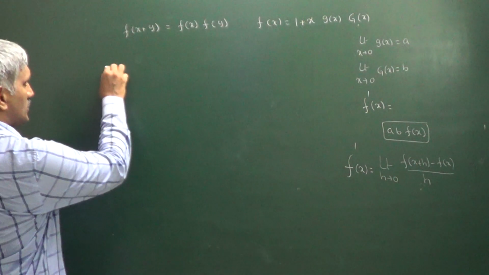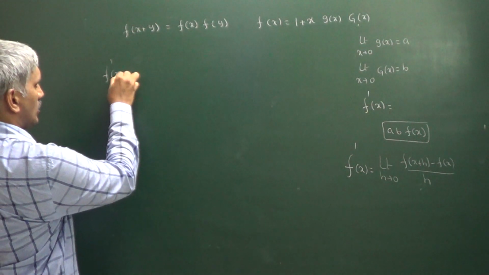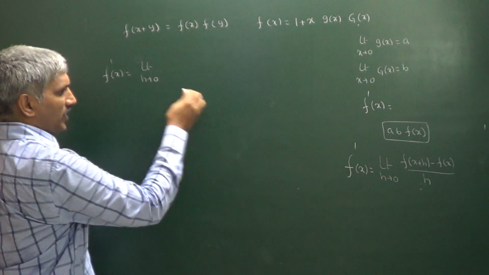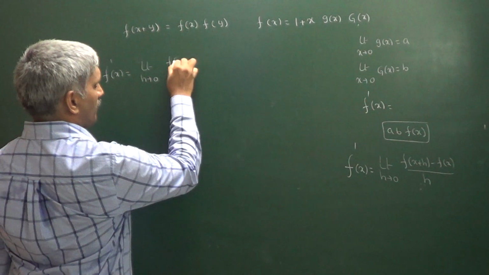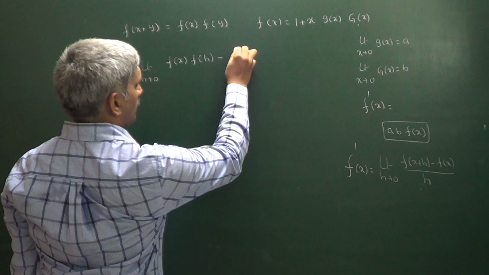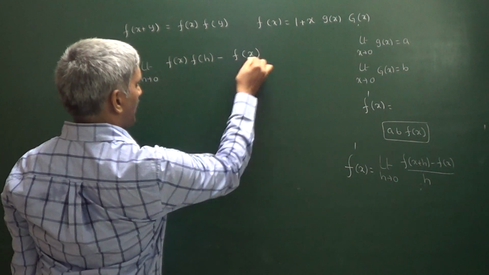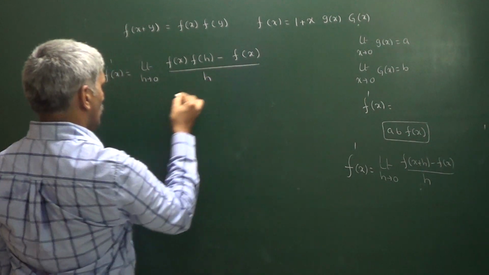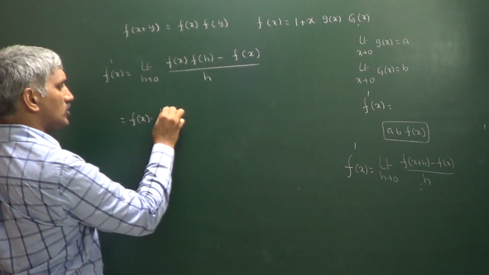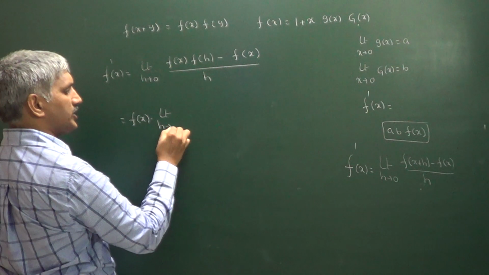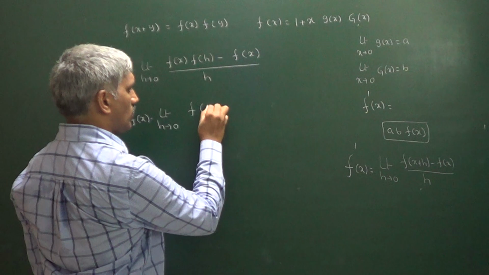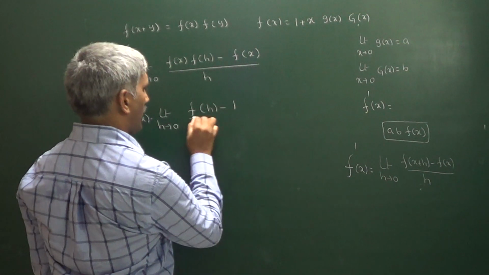Now the equation changes: f dash of x is equal to limit h tends to 0, f of x plus h, which can be written as f of x into f of h, minus f of x, divided by h. Now if you take f of x common, we can write it outside the limit also, because the limit depends on h. So limit h tends to 0, f of h minus 1 divided by h.